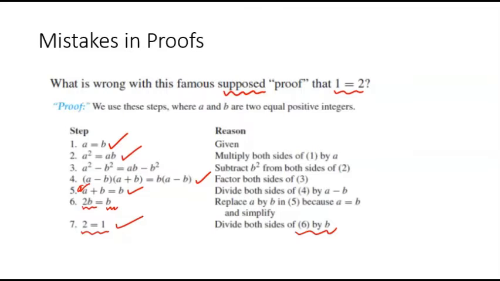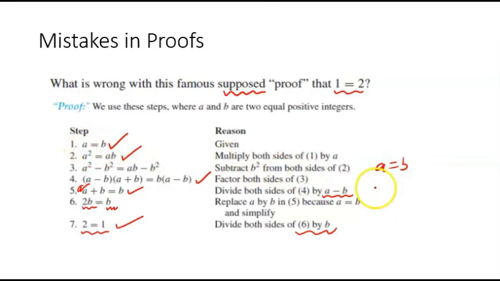Okay, if you have already identified the mistake, let me confirm whether you have identified it correctly. The mistake is in step number 5, where we divide both sides by a minus b, right?